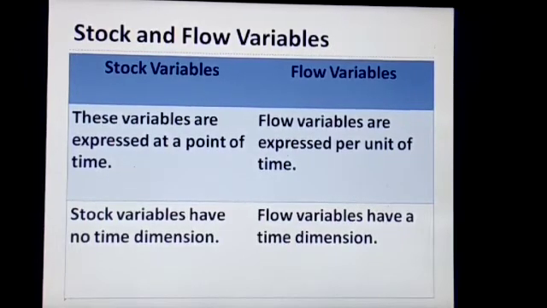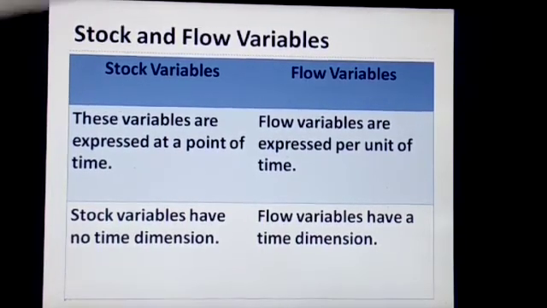It is not at a point of time that I am earning the income. I say that every month I am earning 5,000 income. So income is a flow variable. Income is expressed per unit of time. It is not expressed at a point of time.